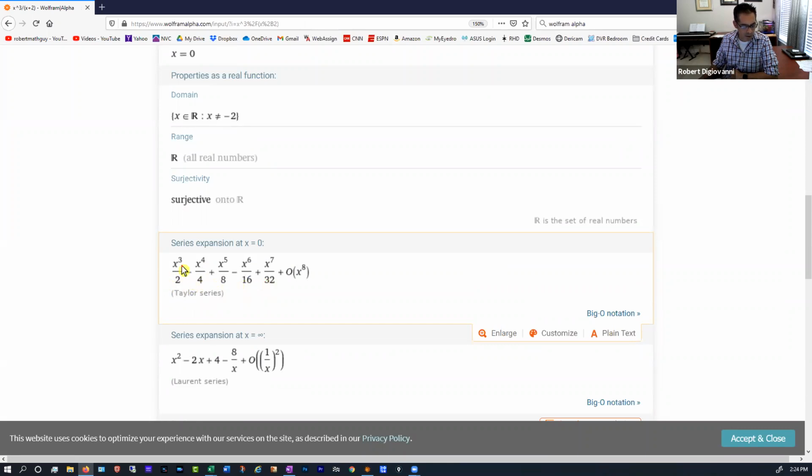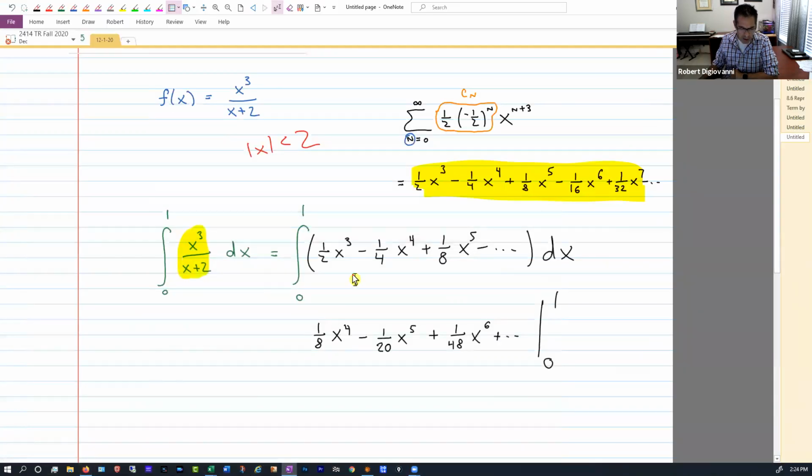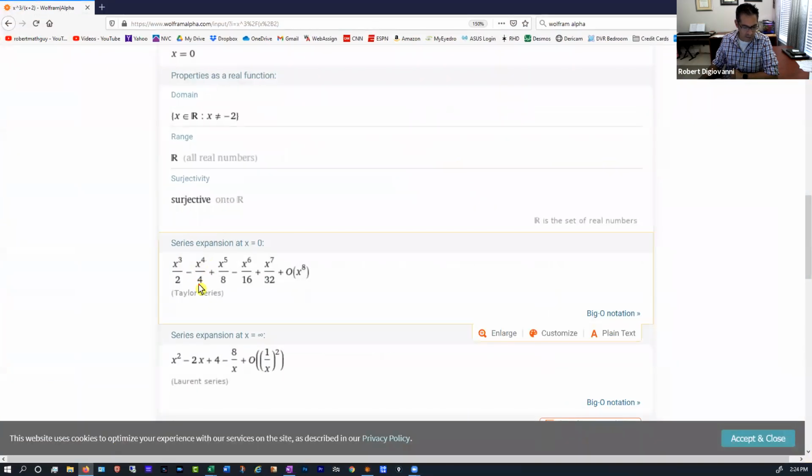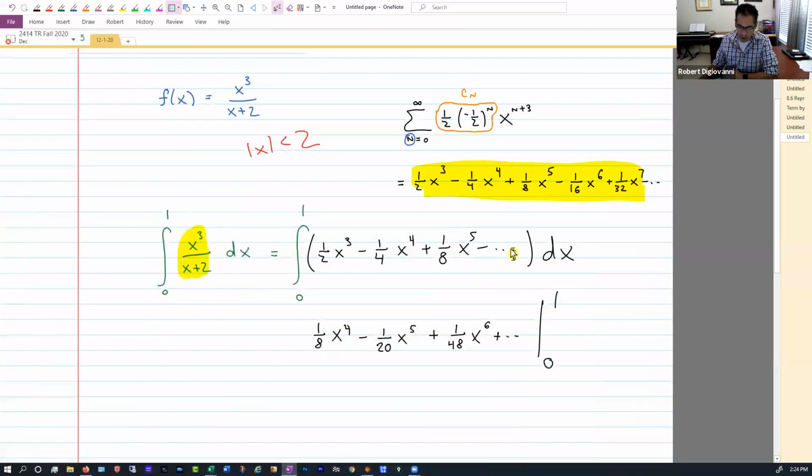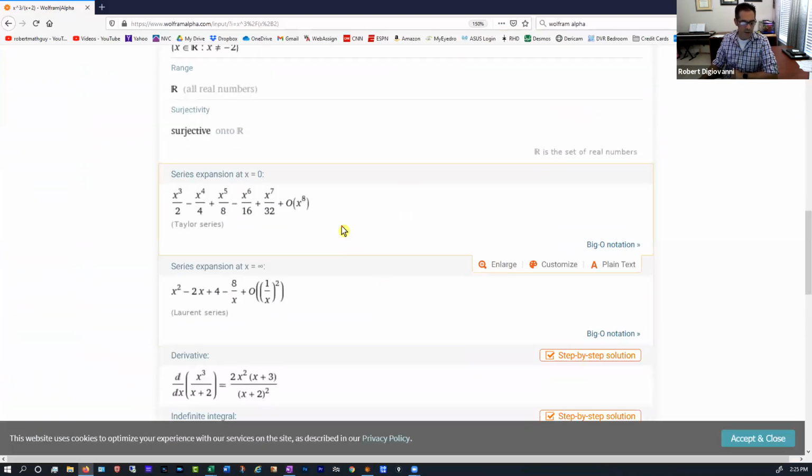There's the power series, x cubed over 2. Is that what we had? It doesn't look familiar. Oh, yeah, that is what we had. x cubed over 2 minus x to the 4th over 4, right? And then we had what? x to the 5th over 8, right? You can just go get the power series. It's crazy.